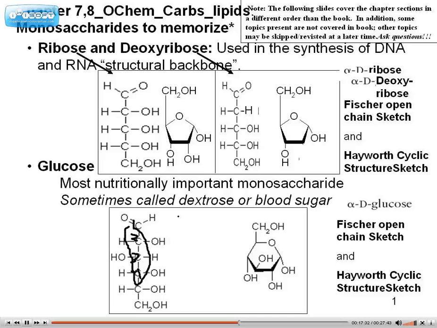Again, I always think of it as like a game code. So in this case, it would be right, left, right. Right, left, right.